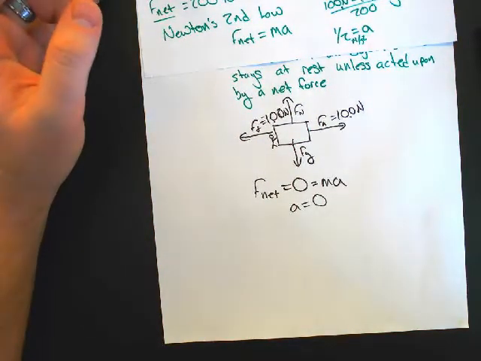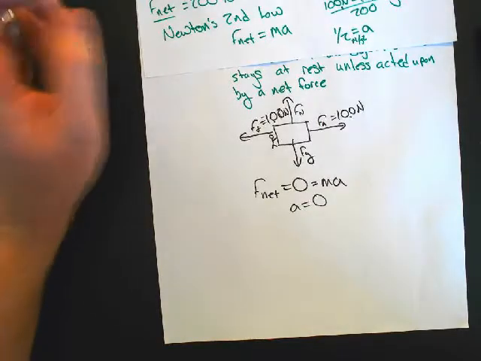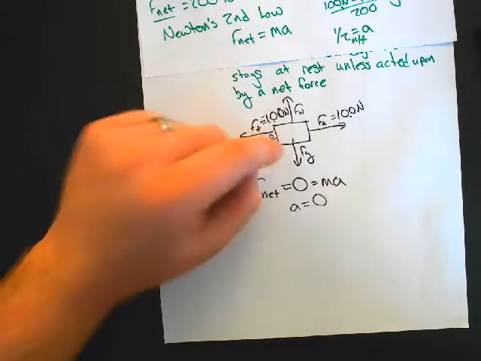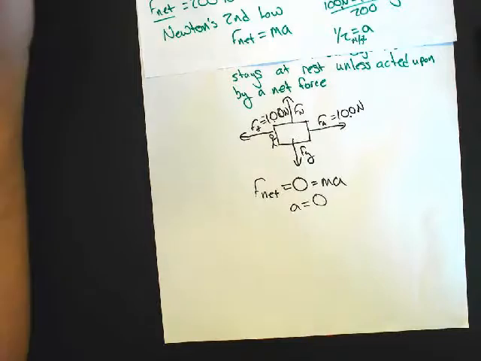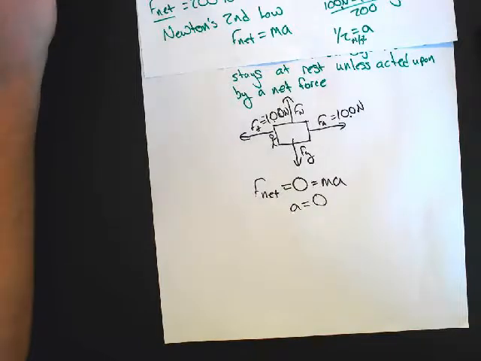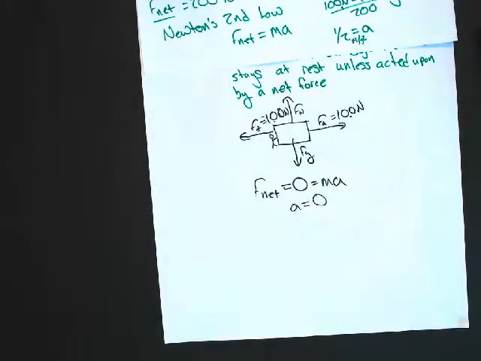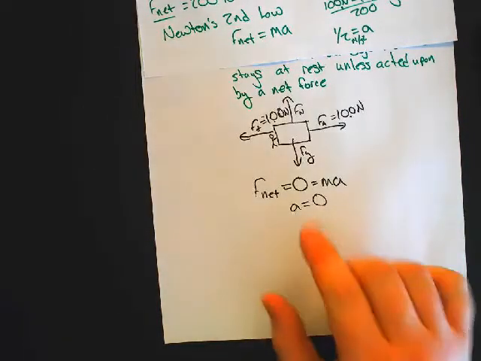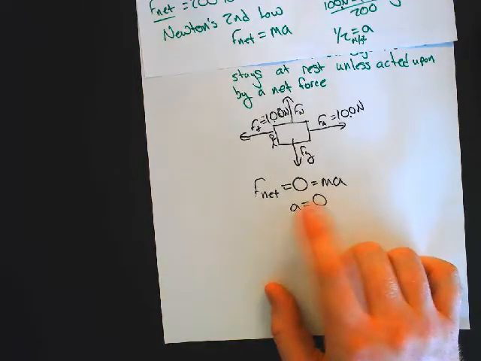Hang on, I've got one more question here. Is this object moving? No. Yes. It's going forward. It's moving at a constant speed. Say that again? Moving at a constant speed. It could be moving at a constant speed. All we know is that this object is not accelerating.